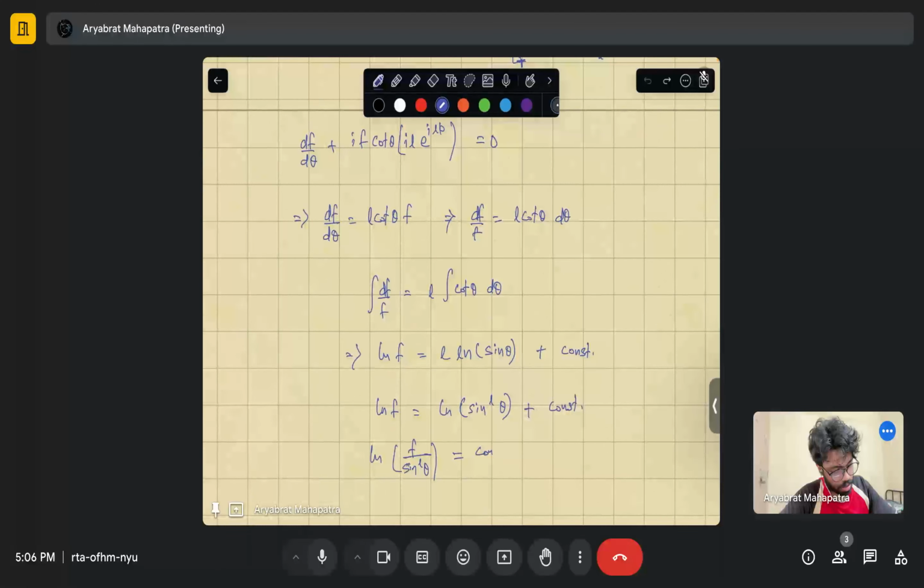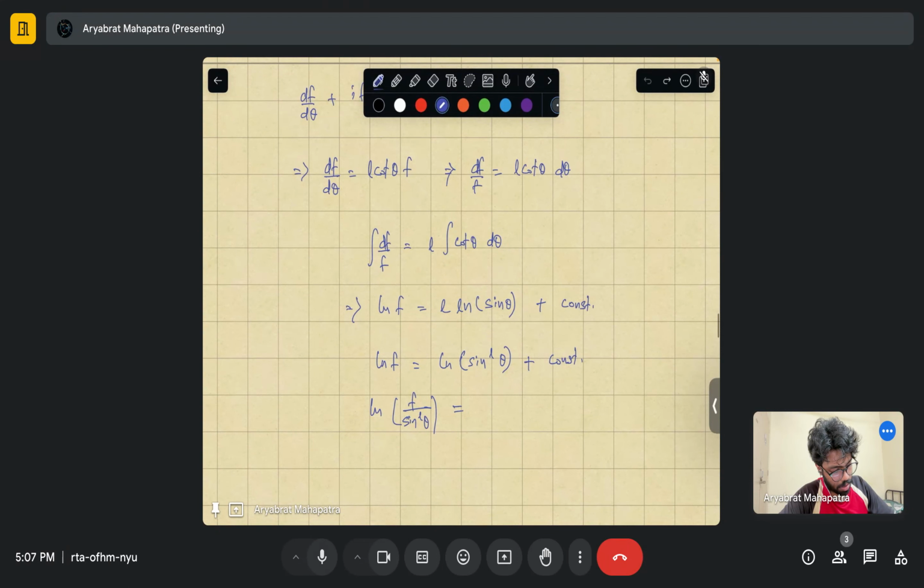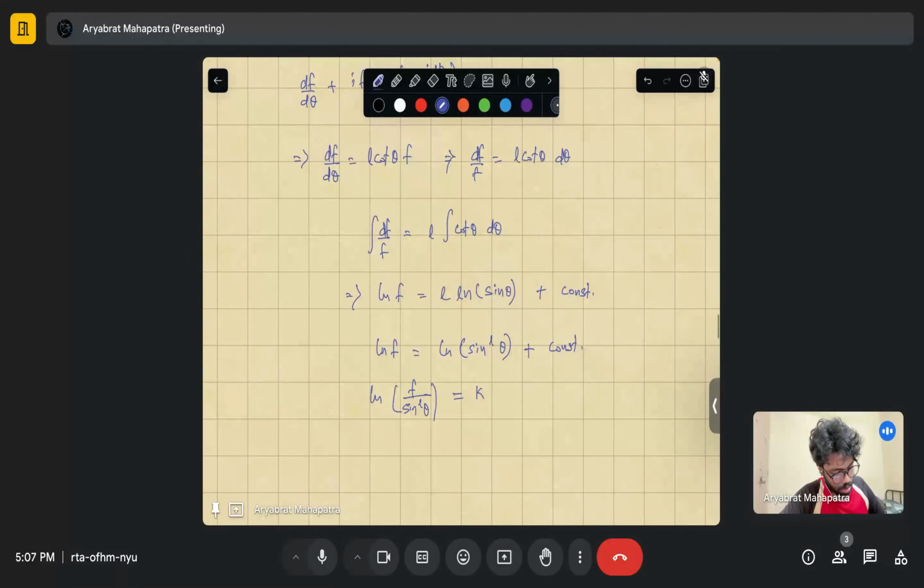Let's say this constant is some k. So this f of theta is finally some k sine to the power L theta, or you will have a different constant this time, so let's say k prime or k tilde.